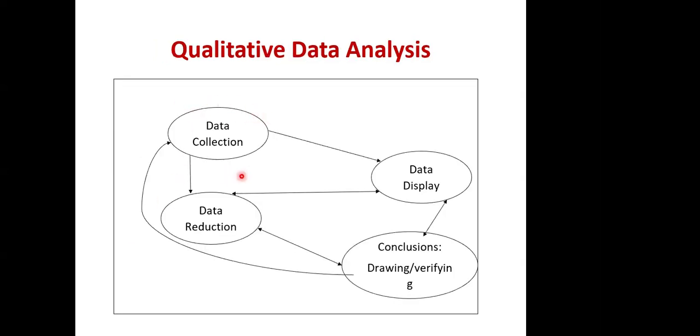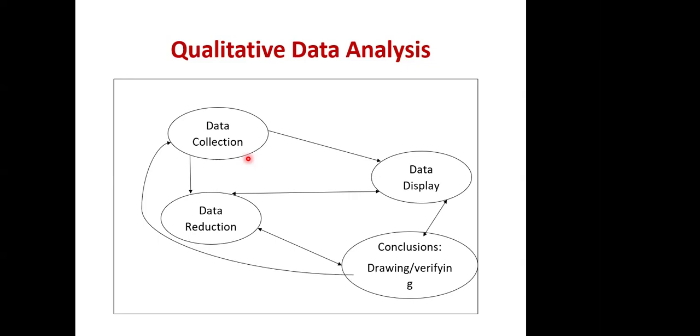And then when you have your soft copies or hard copies, depending on the way that you are going to carry out your analysis, if you go here, let's say data display. Data display is to convert your data, to organize this data into tables or graphs, or to convert them to a format in which you can easily identify your data.